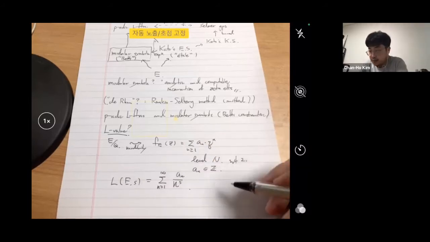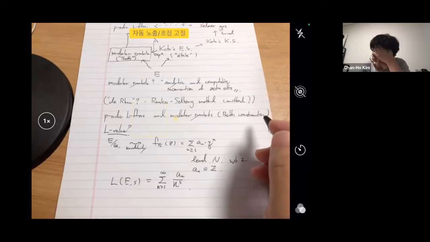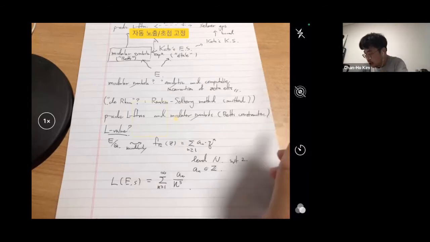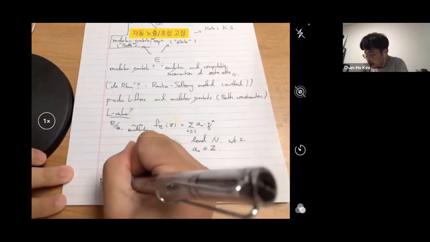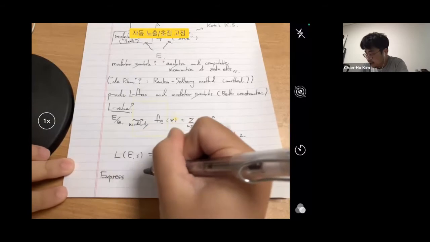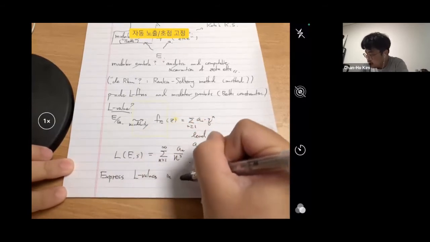What I want to do now is to motivate the modular symbols. We want to express L values in terms of integrals.